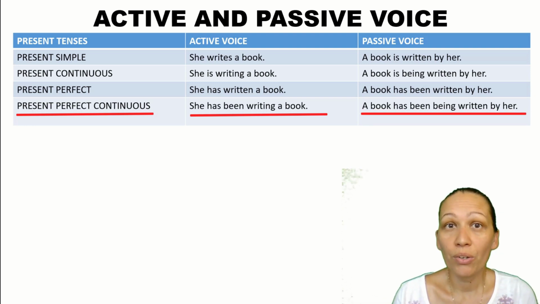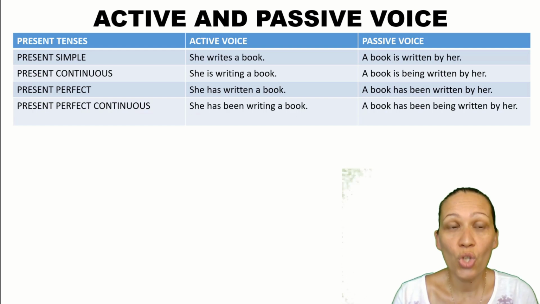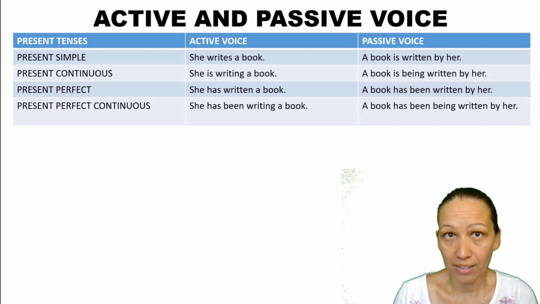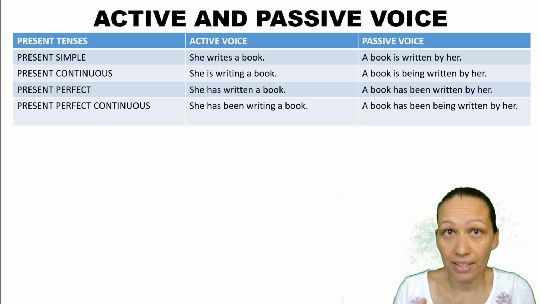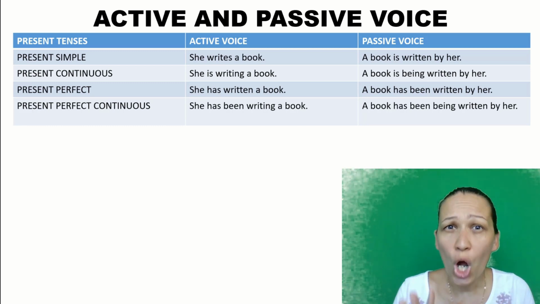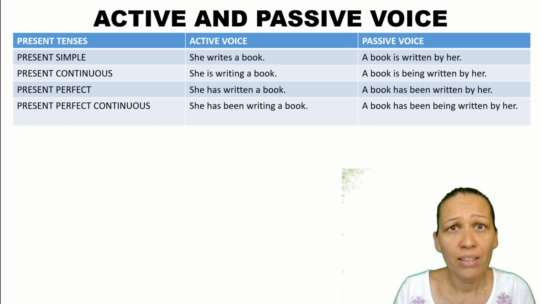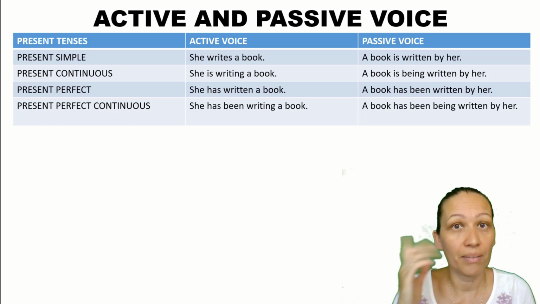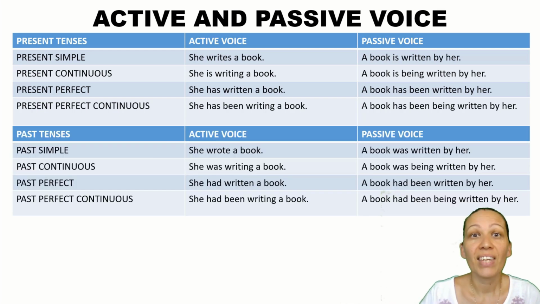In some grammar books, you can see the statement that there is no perfect continuous passive voice sentences. Well, to tell the truth, they exist, but it's quite uncommon and quite rare that you will see them or hear them, but they exist.